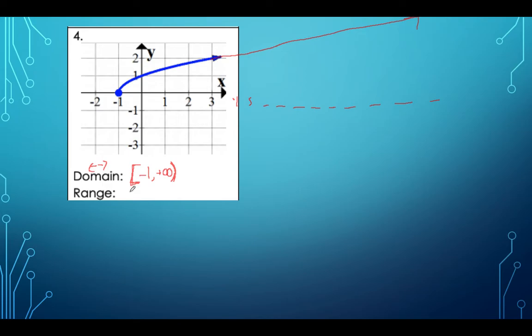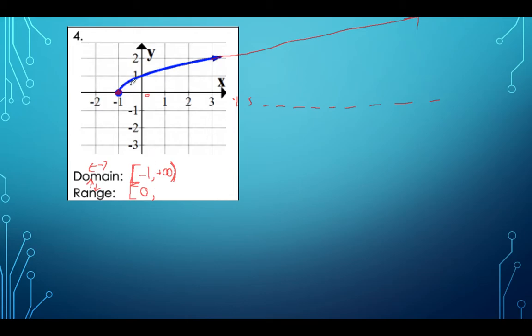Let's talk about the range now. So remember, range is y values, up and down. So I'm going to start with the smallest it can get, which is at this line, which is at 0. So the smallest it can be is 0. Now it can equal 0 because there's this filled in dot there. So again, we're going to have that square bracket.